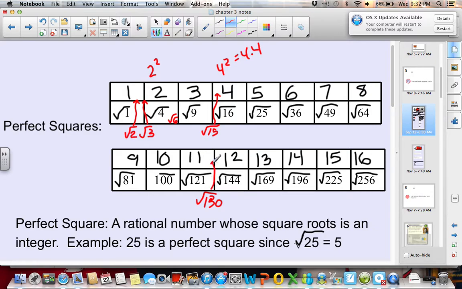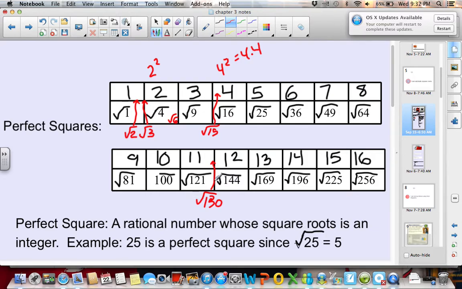So the answer is going to be 11 point something, okay? 11 point whatever number times 11 point whatever number equals 130. Well, 121 to 130 is a difference of 9. 130 to 144 is a difference of 14.